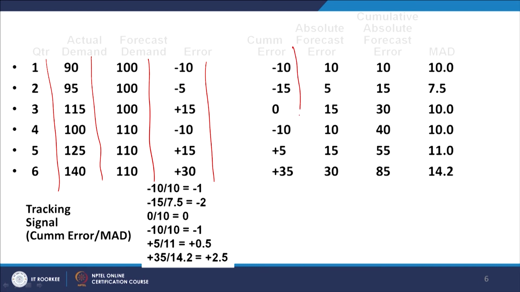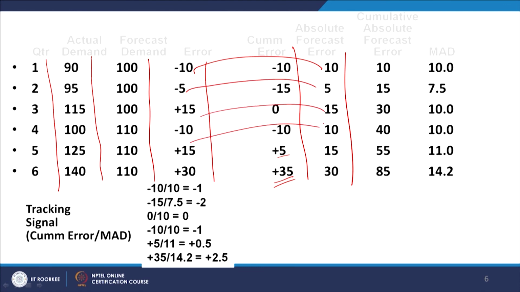The cumulative errors are calculated here: minus 10, then minus 15, then minus 15 plus 15 is 0, then minus 10, and then plus 5. The absolute forecast error is taken without sign directly from here.